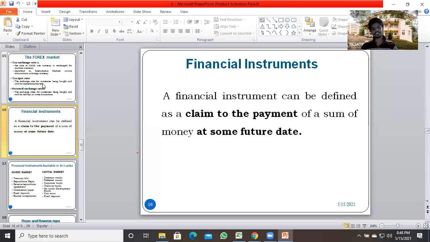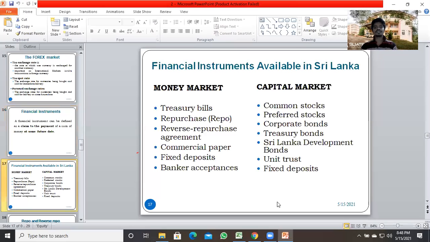We can invest in financial instruments because of the future cash inflows. What are the available ones? Treasury bills, repos, reverse repo agreements, commercial papers, fixed deposits, bank acceptances. Then in the capital market, common stock, preferred stock, corporate bonds, treasury bonds. All these things have been discussed in the financial environment session, which is available in the LMS.